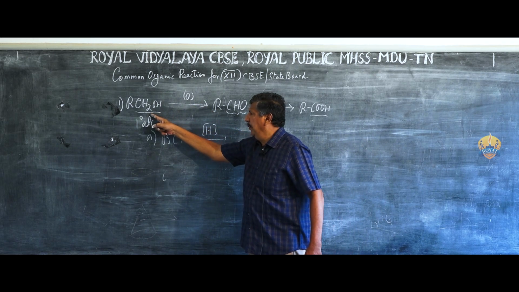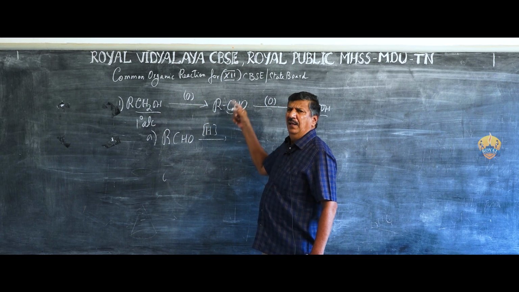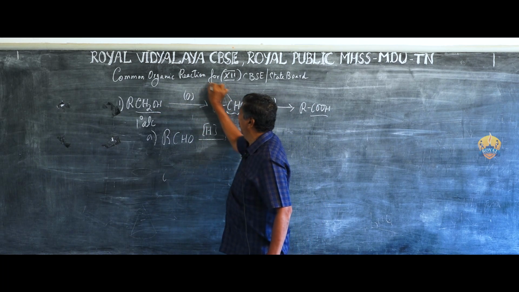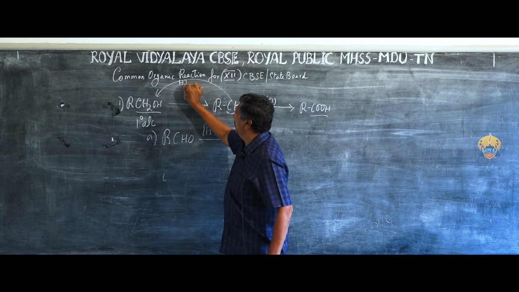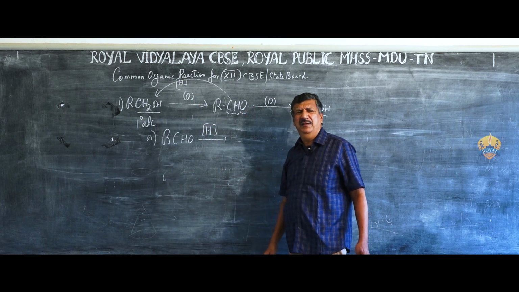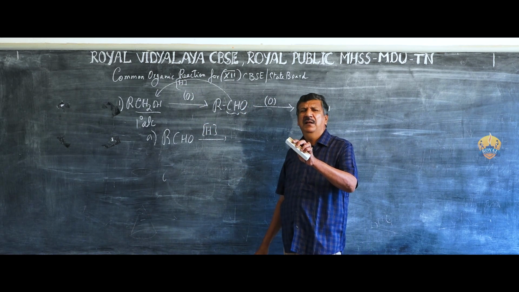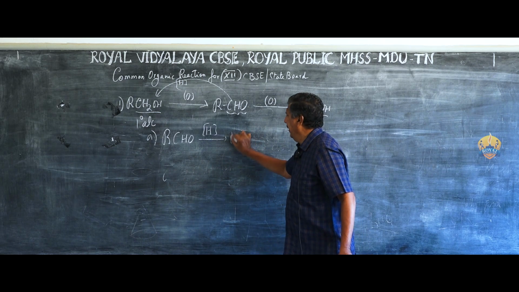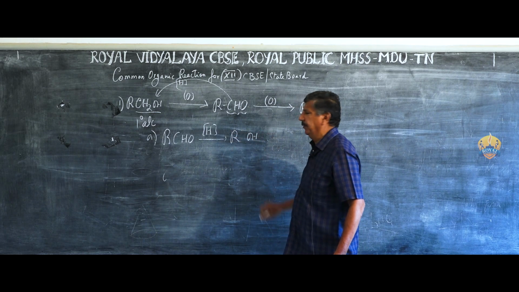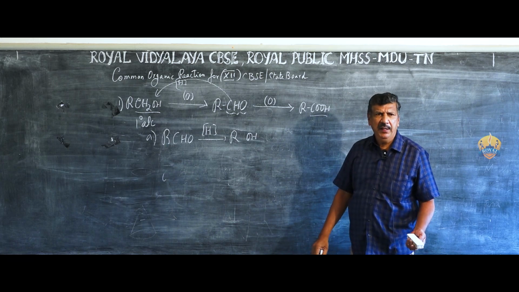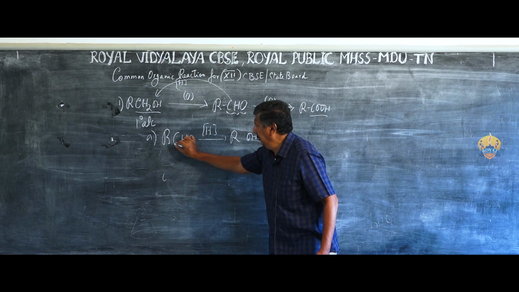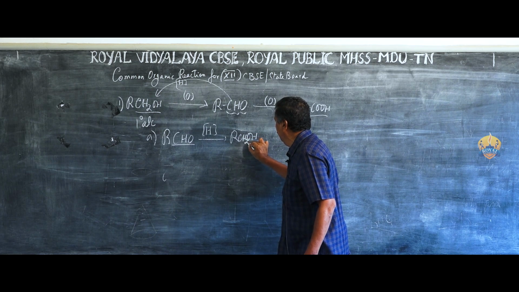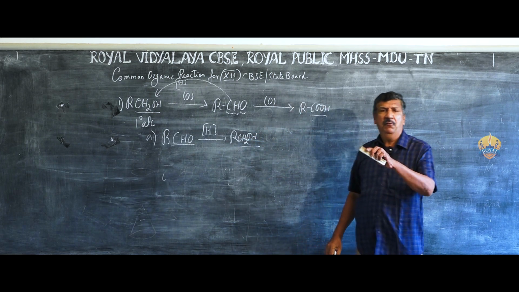Oxidation of primary alcohol gives aldehyde. Reduction of aldehyde gives primary alcohol. Like this. That's all. Reverse. Very easy. But don't be tempted to write a wrong answer. Don't write like this. This is the wrong answer. What would I say? You should convert the CHO into CH2OH. Don't write OH alone.